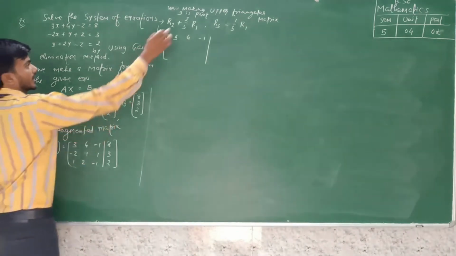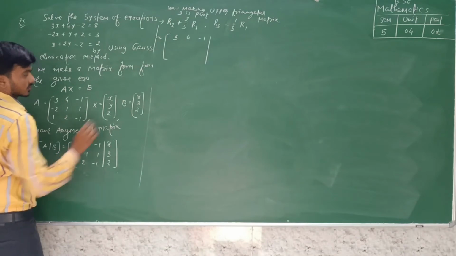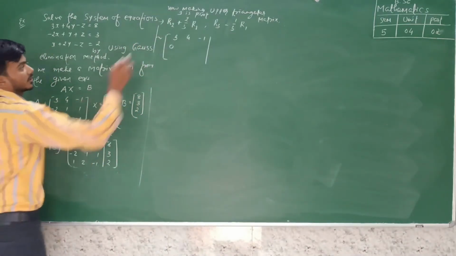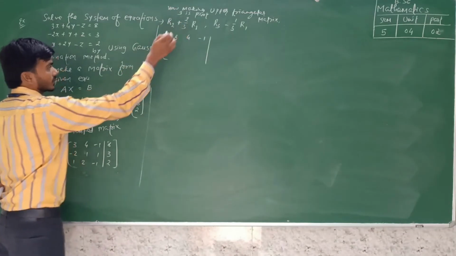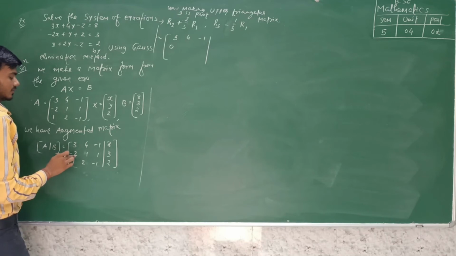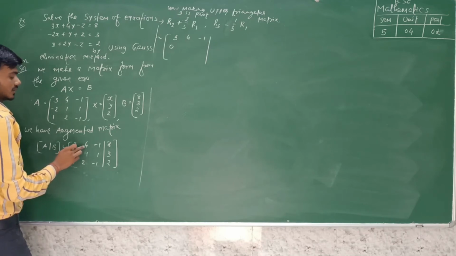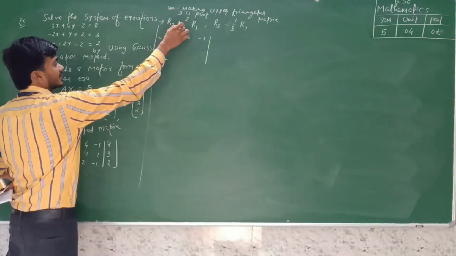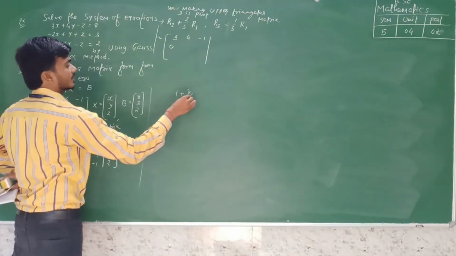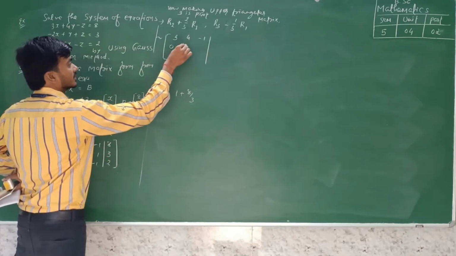Here minus 2 plus 2 is 0, because 3 into 2 by 3 is plus 2 added into the second row. 4 into 2 by 3 is 8 by 3. 1 is there, so 1 plus 8 by 3, that means 11 by 3.